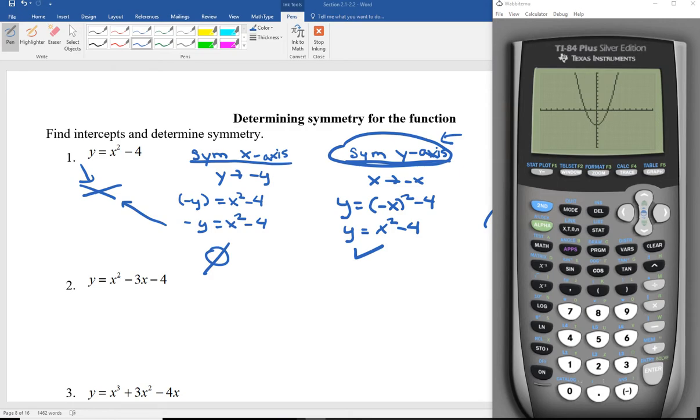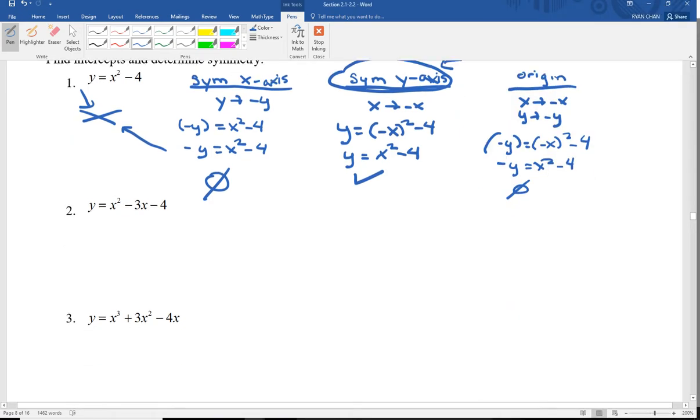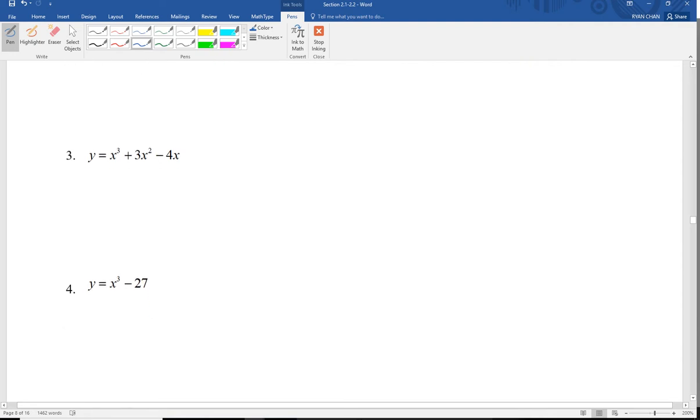So okay, let's do one more example here. I'm going to do number 3. So let's take a look at this right here. I'm going to do symmetry in terms of the x-axis.